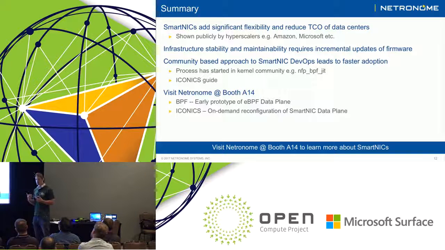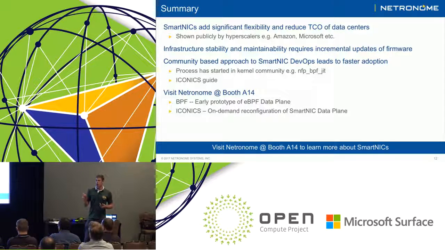However, obviously, stability and maintainability is a huge thing when you're running these types of data centers because anything that can go wrong will go wrong. That's just the way it is. And so we need to ensure that we're able to apply these in a way that allows people to have that confidence that SmartNICs and acceleration will be stable and will be safe and will be maintainable.